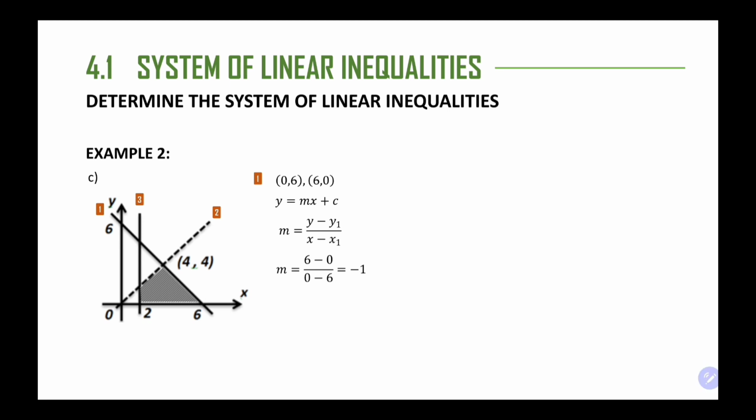We substitute back m into linear equation. So we get y equals to -1x plus c. c is the value on the y-axis, which is 6. We can conclude y equals to -x plus 6.